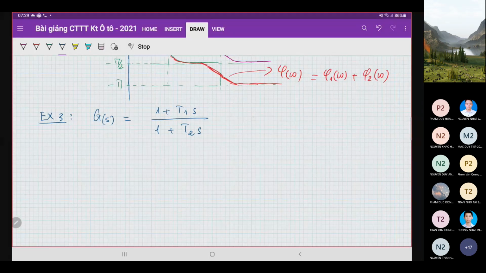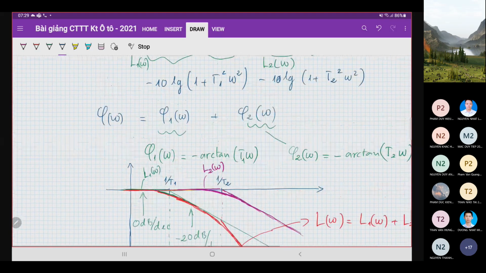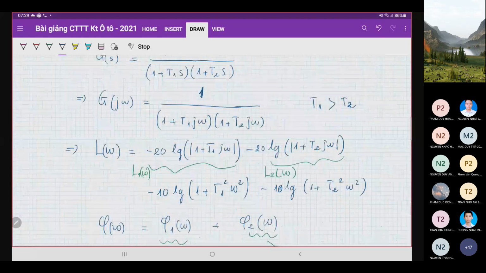And suppose that we have T1 greater than T2. Okay. Then the same for this equation here.